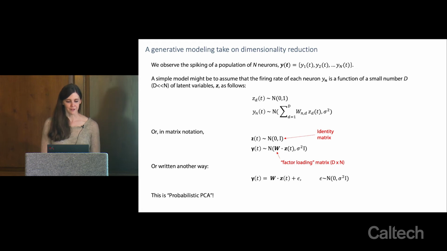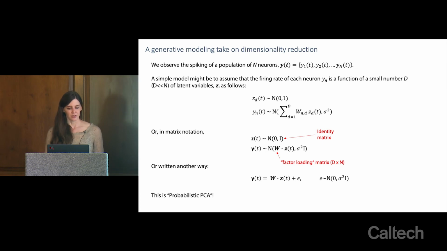So if we have observed spiking activity of a neural population, and you have some assumption of how your observed activity relates to your latent variables, you can create different summaries of what your neural population is doing. And different forms of summaries have different meanings and different names that have been given to them over the years.